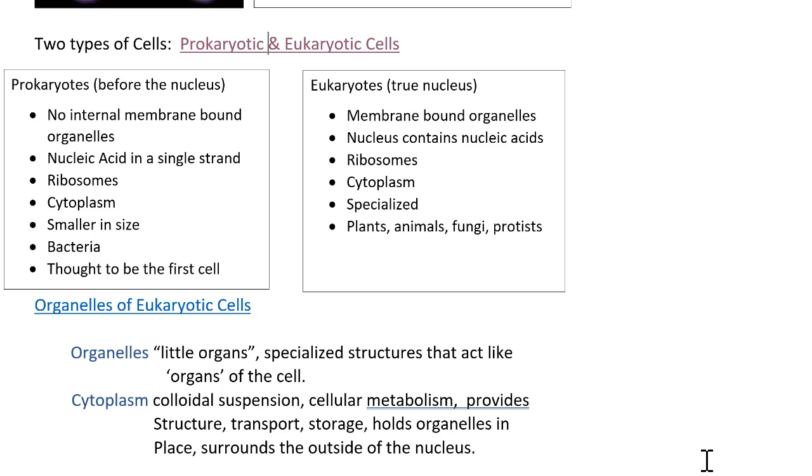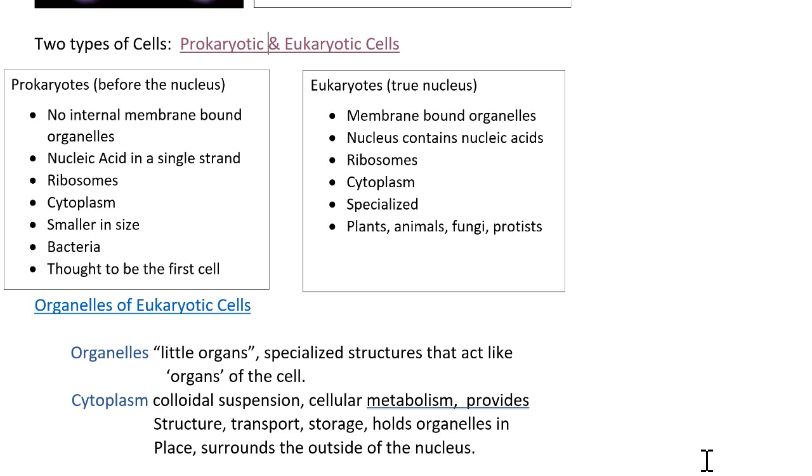The nucleus is going to be one of the distinct structures of the eukaryotic cell. It's going to contain the nucleic acids that we were introduced to in Chapter 2, the RNA, the ribonucleic acid, and the DNA, the deoxyribonucleic acid. Two very important molecules that we will spend whole chapters on.